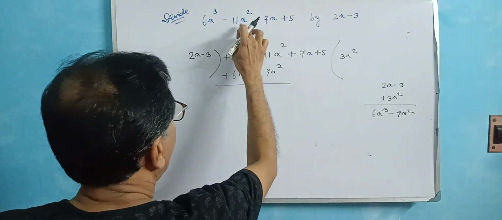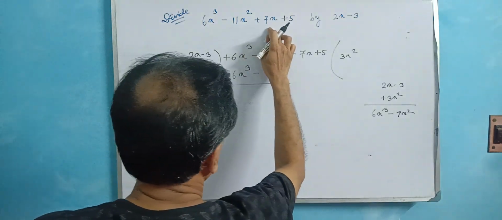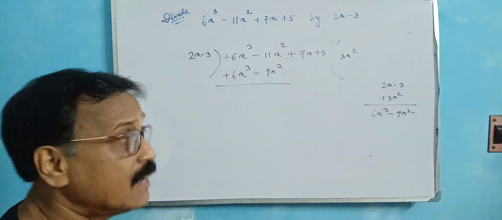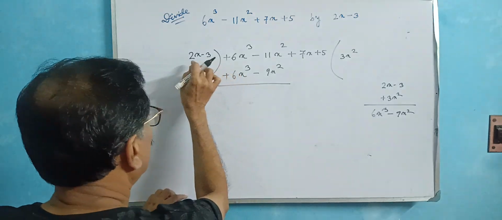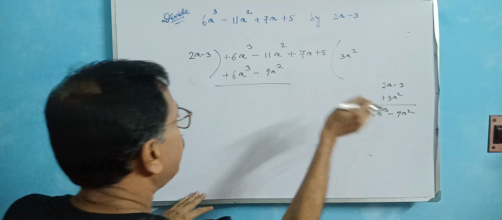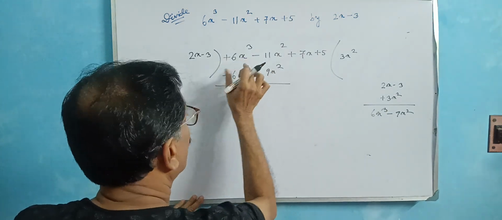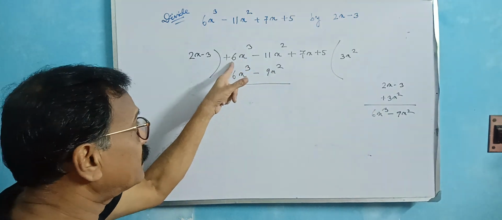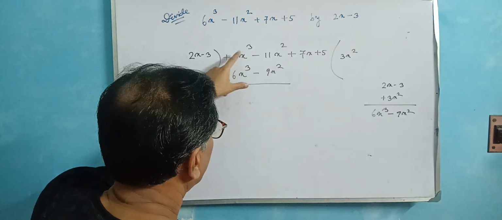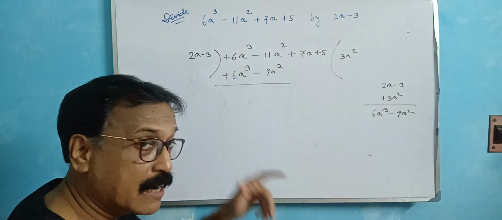6x cube minus 11x square plus 7x plus 5 divided by this, clear? So first target is 2x minus 3, you multiply in which way you get always plus 6x cube. The first term must be the same, sign also same, number and this x part also same, literal part also same.